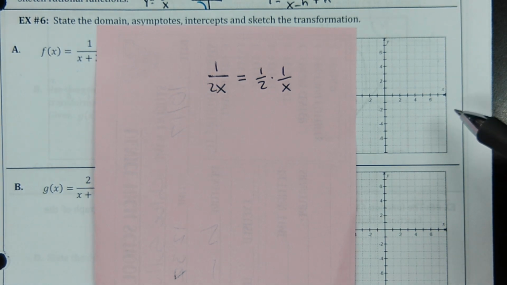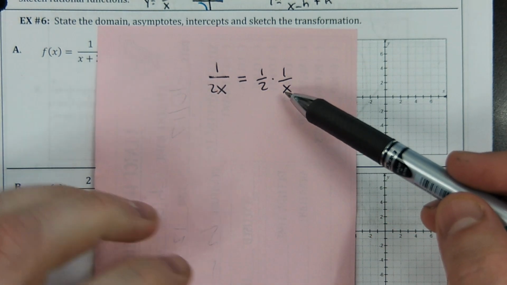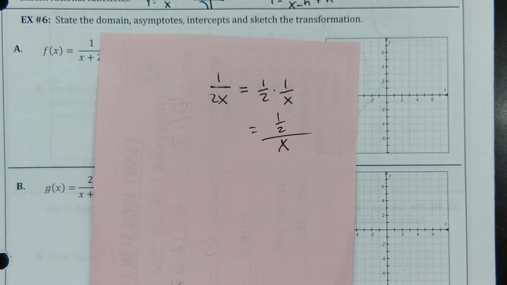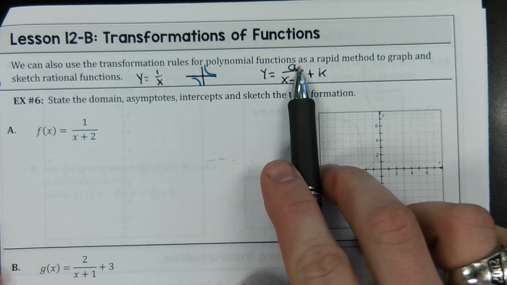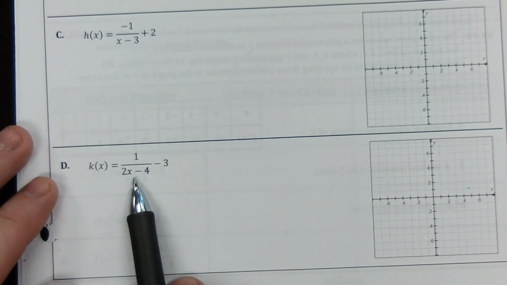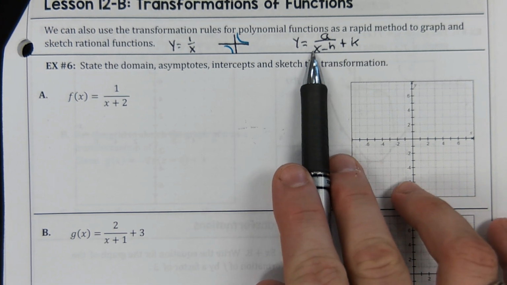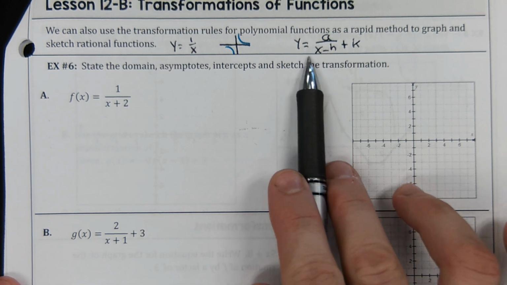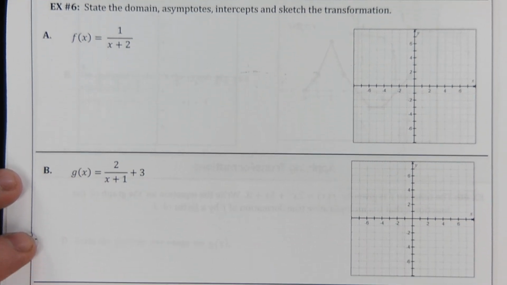Because anytime there's a number in front of x, it could be factored and moved. All of our dilations of any kind can be addressed by moving them to the top. Will I do that? No. But that's why when we write it in standard form like this, there's not a number sitting in front of x. There is a way to manipulate it to get it out of there. Anyway, let's go to it.